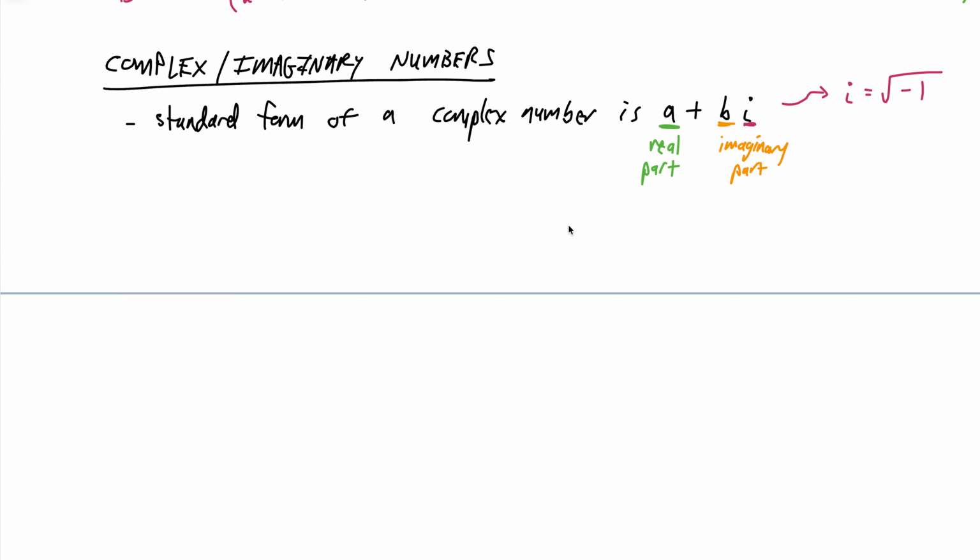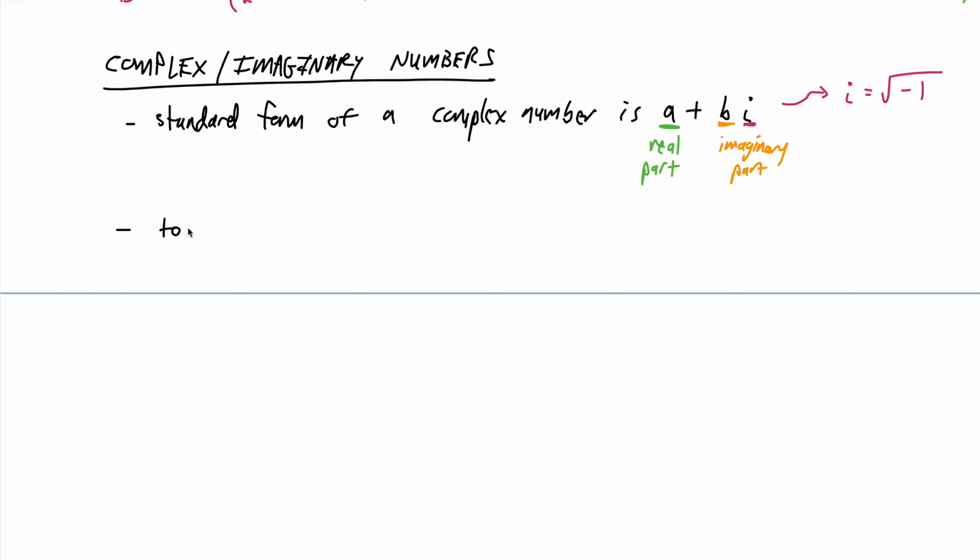This is going to come into play later on, and you can imagine even still when we're doing the discriminant, if there's a negative number, there's going to be an i involved because the negative number can be handled by just putting i into the problem. It'll get rid of that negative sign for us, okay? So this is the standard form of a complex number. There's a real part which has no i on it, and there's the imaginary part which has the i multiplied, okay?